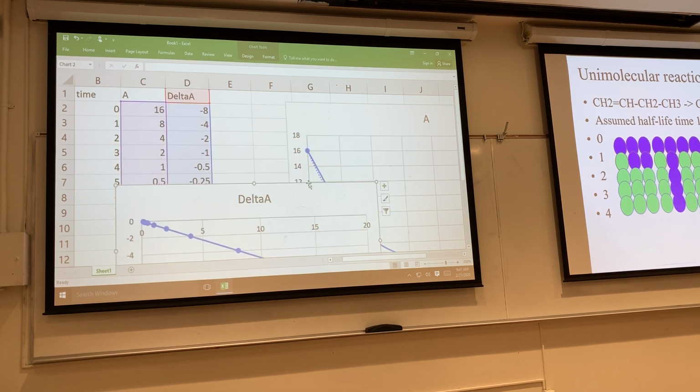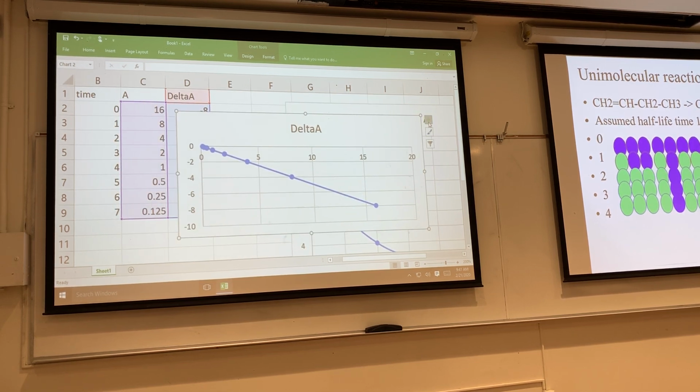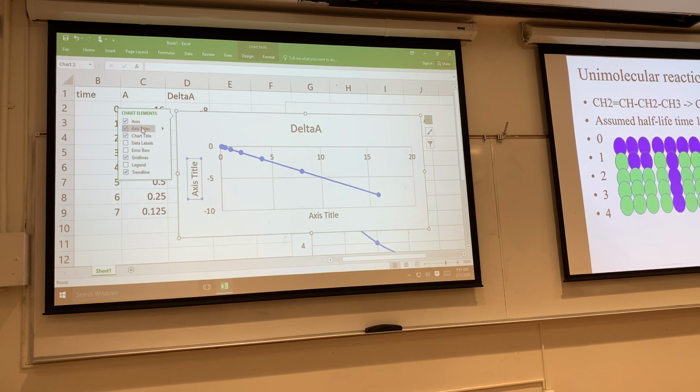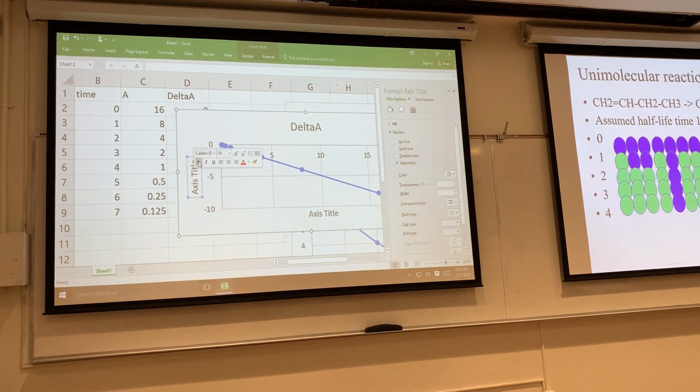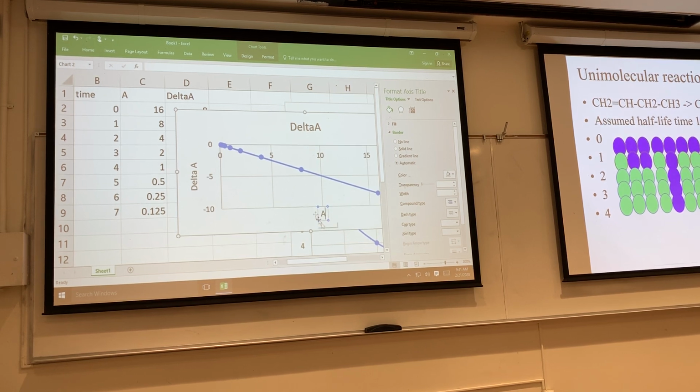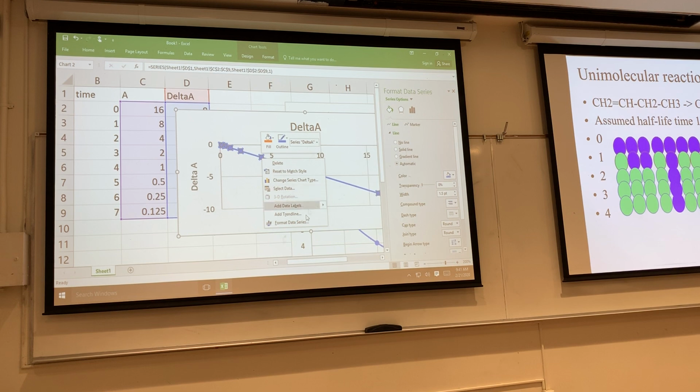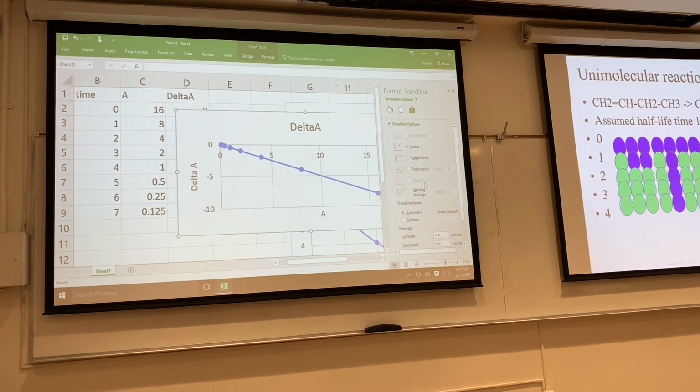So the change of the concentration as a function of the concentration here is a line. And we can again see, okay, what's our fit function? Let's put a trend line. Now this is clearly linear, what we have here.